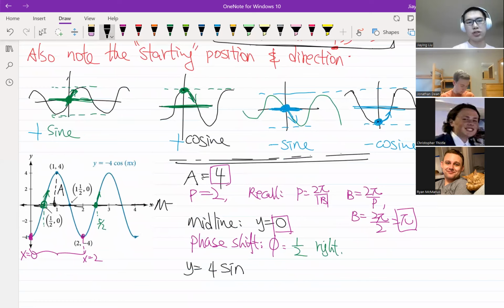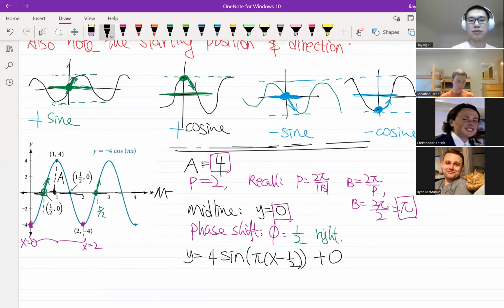I'm using a sine function here because I picked the starting point on the midline going up. So y equals 4 sine, parentheses, b is pi, parentheses, x minus 1/2 because we're shifting to the right by half. And there's no vertical shift, so plus 0.